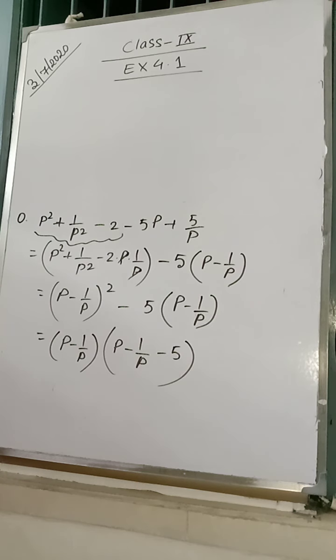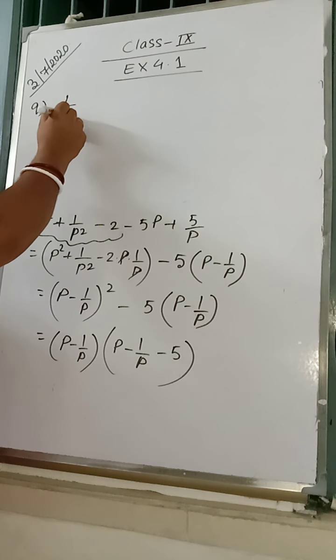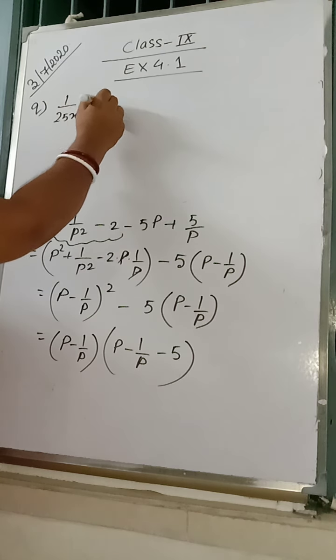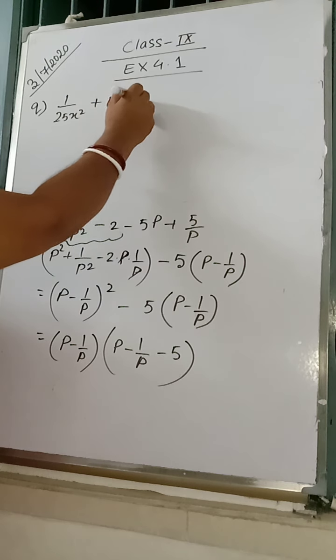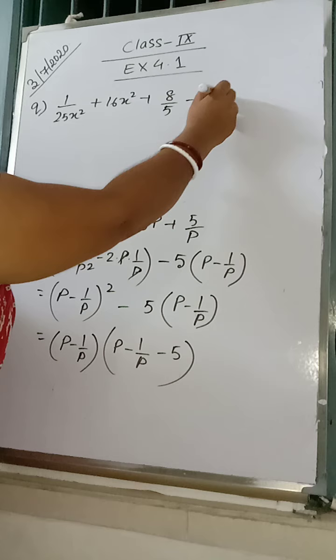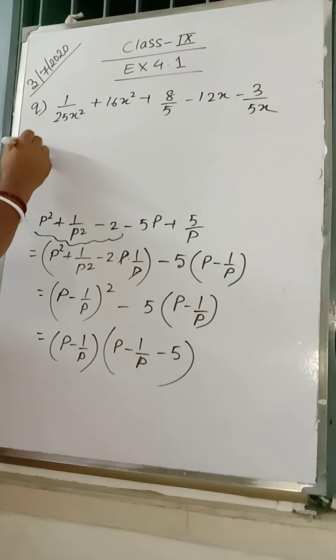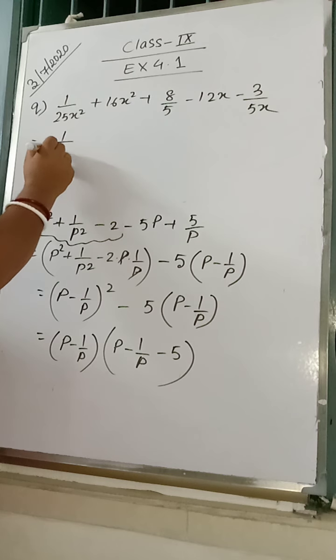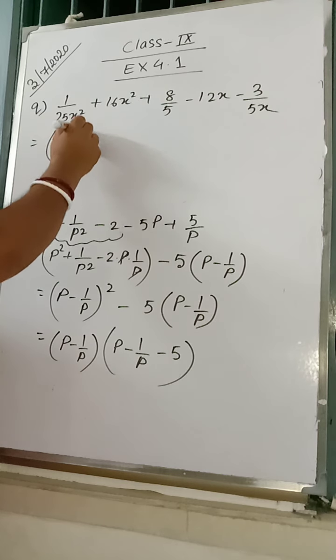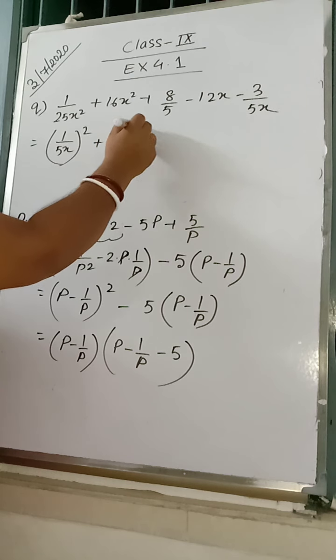Number Q, the question is the same as O. 1 by 25 x square plus 16 x square plus 8 by 5 minus 12x minus 3 by 5x. Now 1 by 25x square, I can write as 1 by 5x whole square. This 16x square, I can write as 4x whole square.